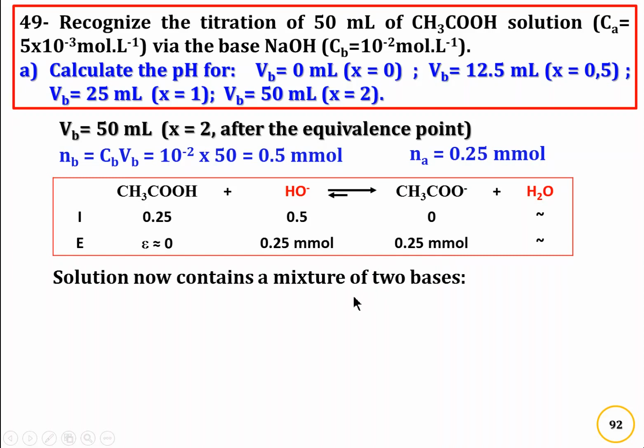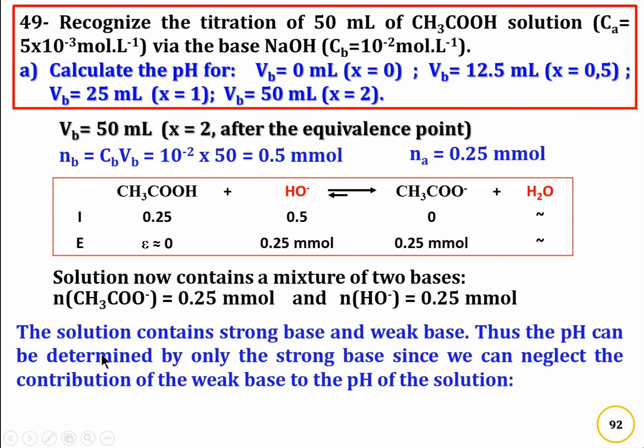Since the quantities of these two bases in the solution are close, the strong base OH⁻ will determine the pH of the solution, and in this case we neglect the base acetate. OH⁻ in the final solution equals 0.25 millimole and will determine the pH.